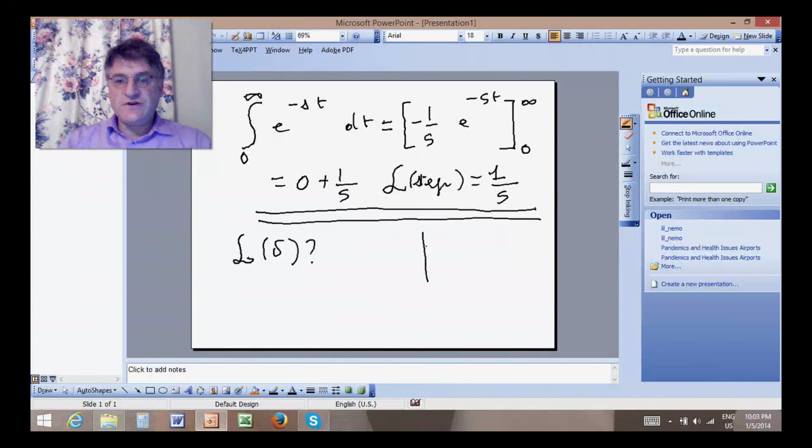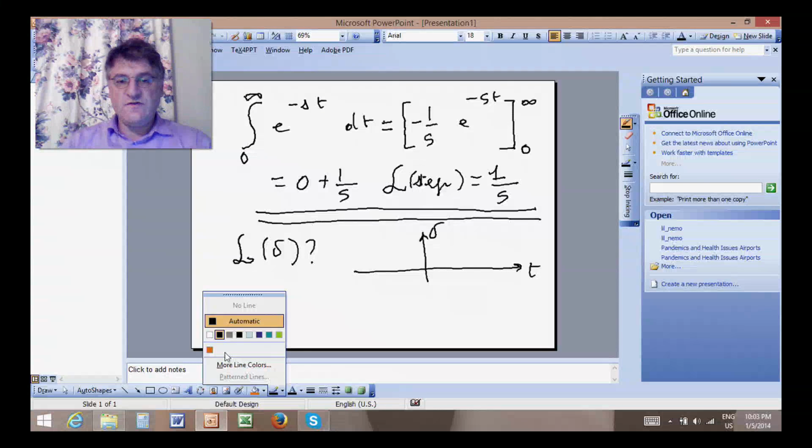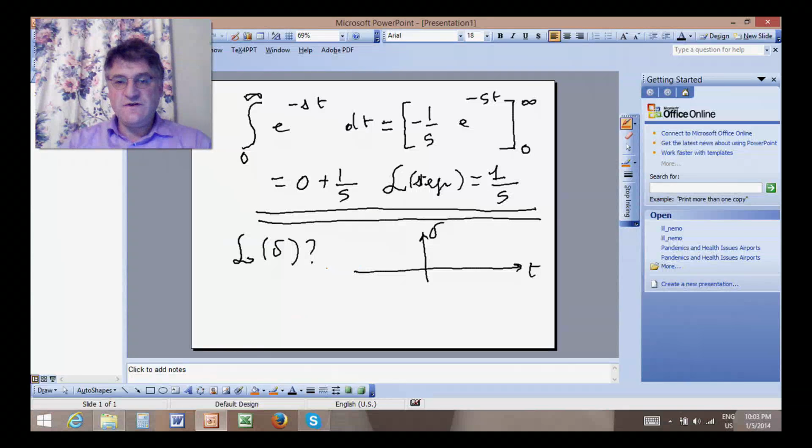The impulse function is a function that looks like this. If this is time, and this is the value of the function, then the value of the impulse function is 0 everywhere, except here where it becomes like a big spike and then comes back to 0.